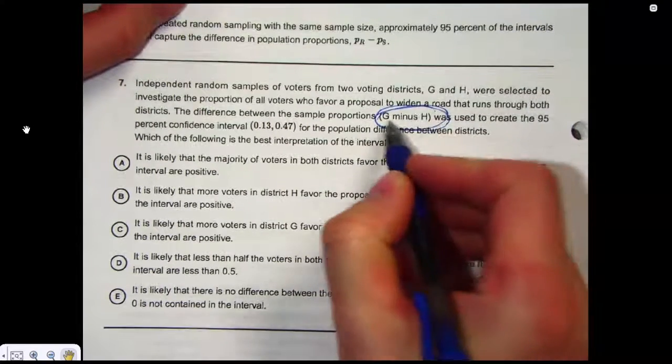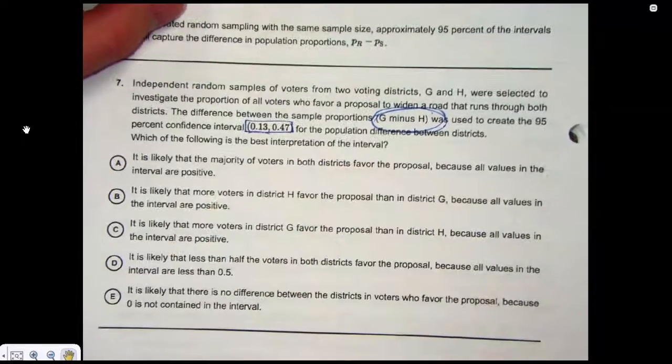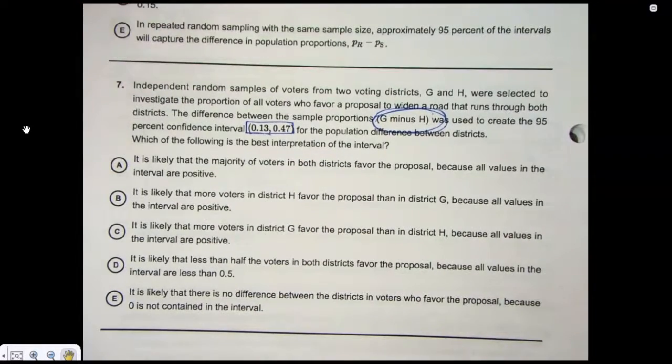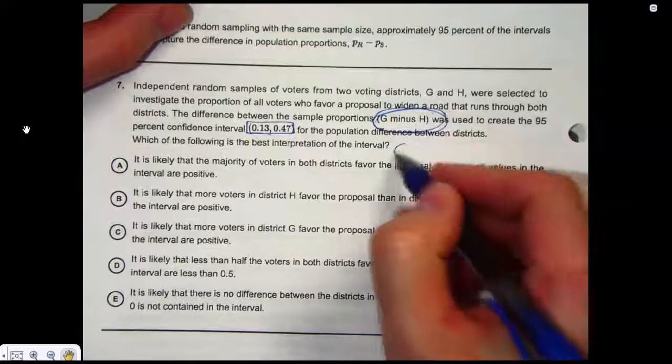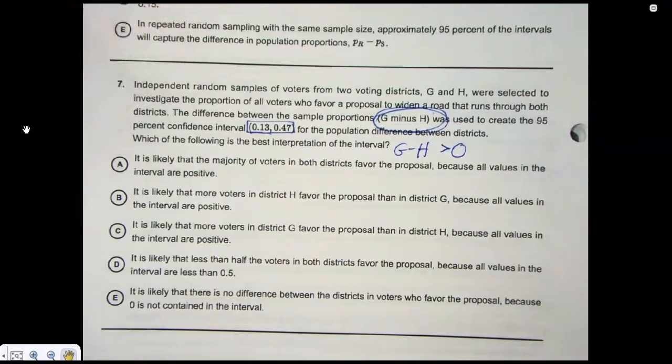So if you do G minus H, what's true about all of the numbers in that interval? They're all positive, right? They're all above 0. So if I do G minus H and get a positive number, which one was bigger, G or H? G had to be bigger.